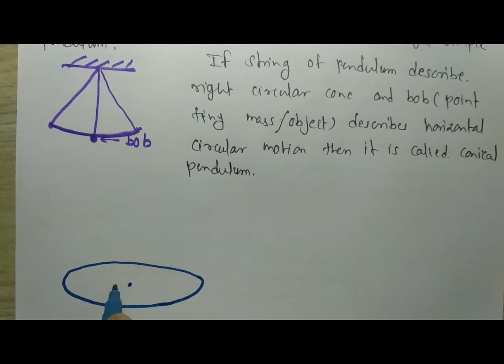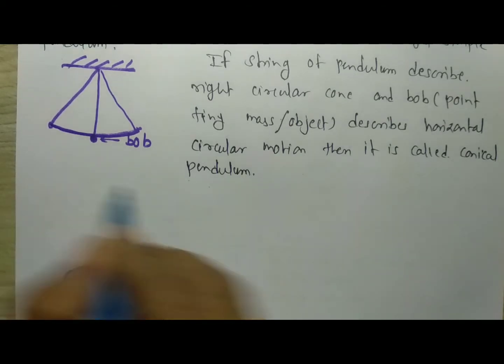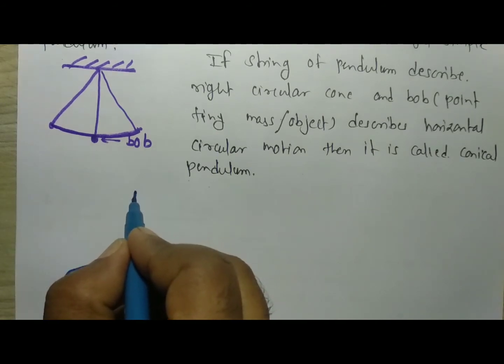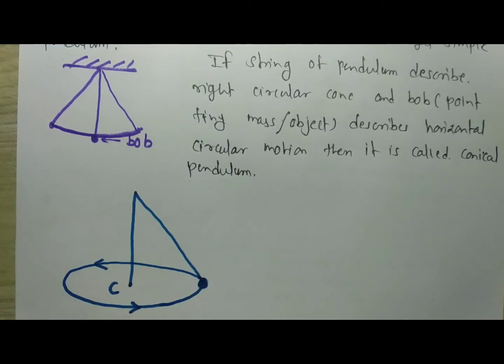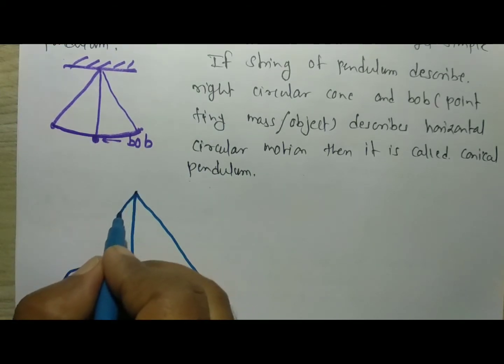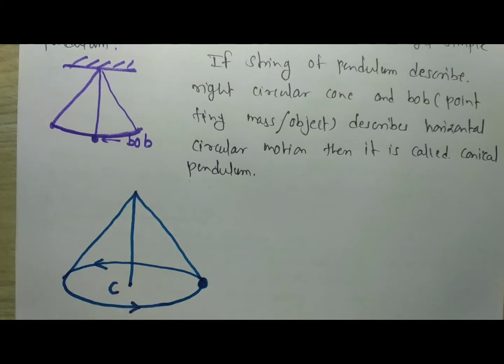Let us consider the center of that horizontal circle described by the bob, and the string attached to the rigid support describes the circular cone. This cone is like that, with the bob describing the horizontal circle of radius r here, and C is the center of that circle.